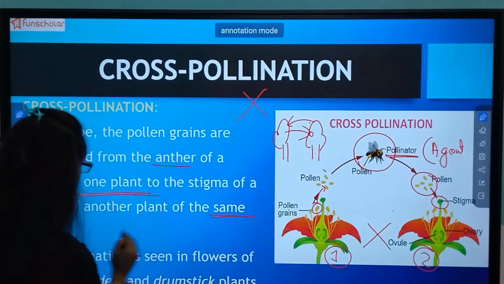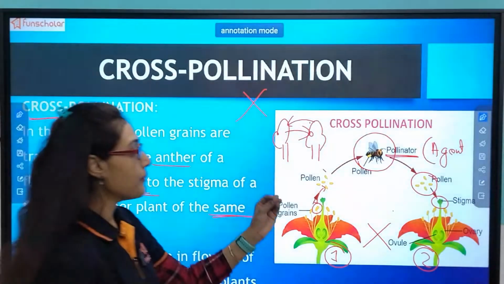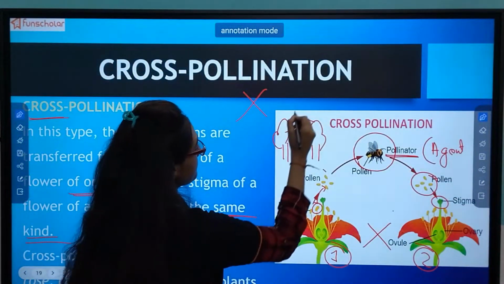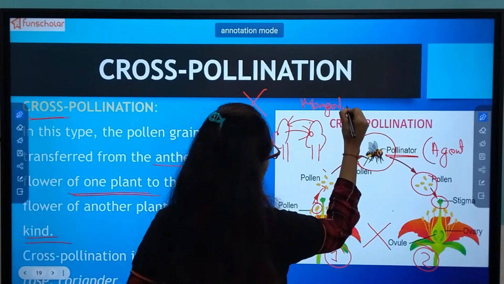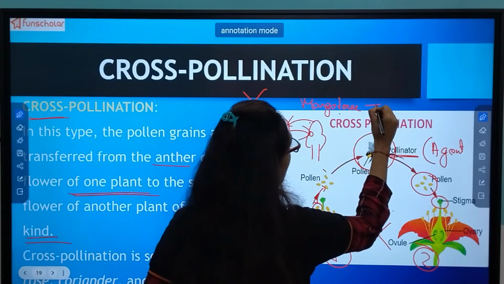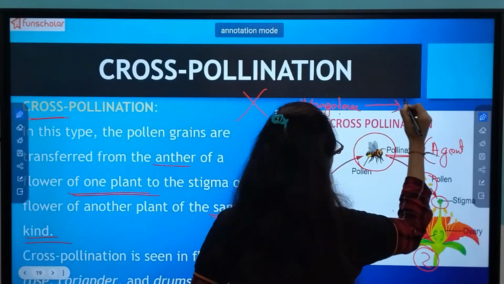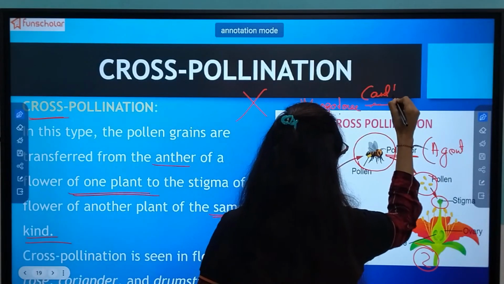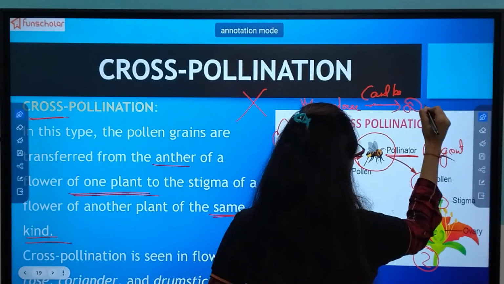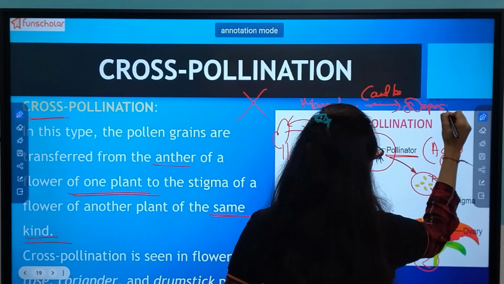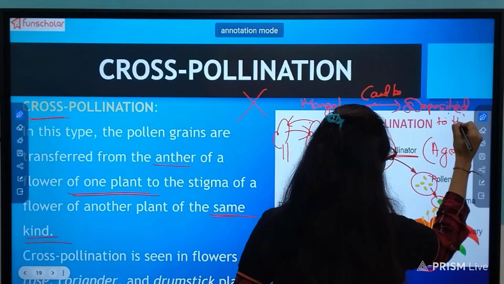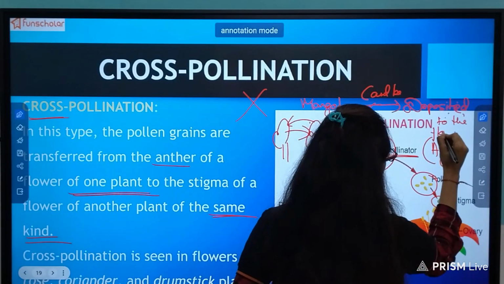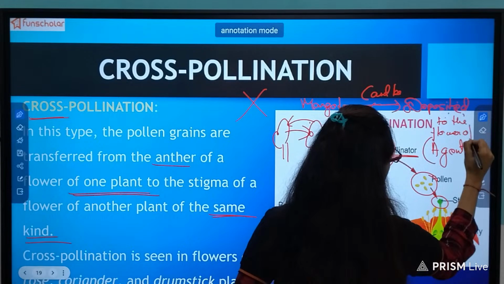What do you mean by same kind? The pollen grains of mango tree can't be deposited to the flower of pea plant.